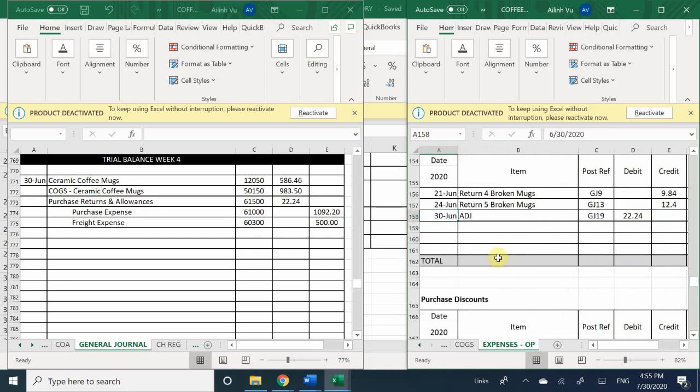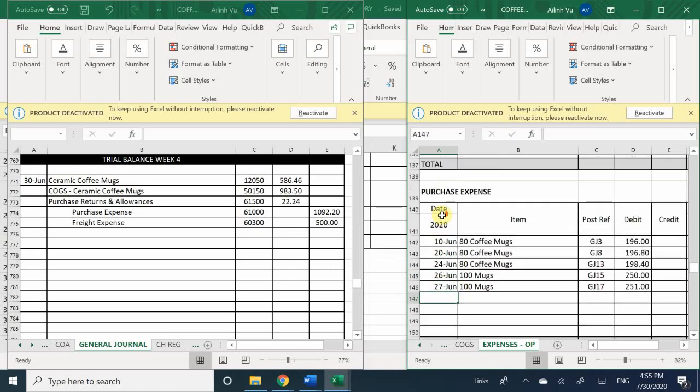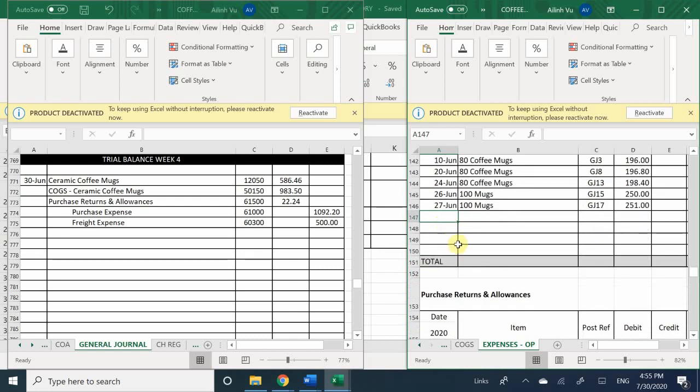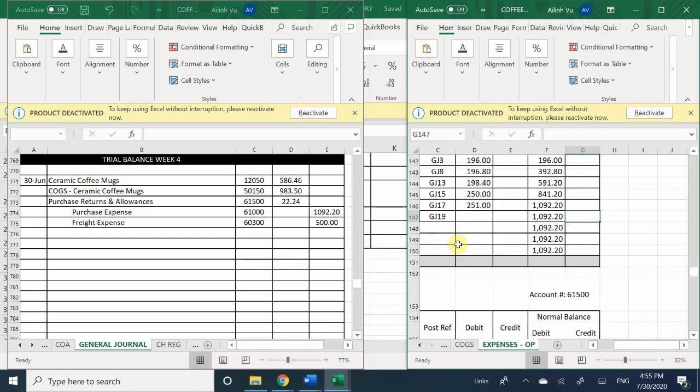All right. Next is my purchase expense for $1,092.50. Purchase expense 6/30, adjustment conversion, General 19, 2184.40.